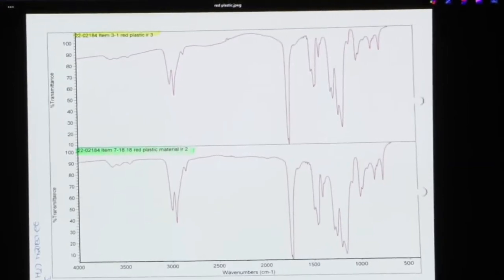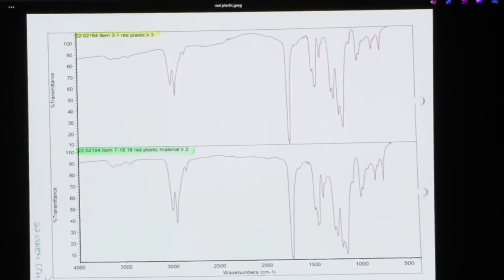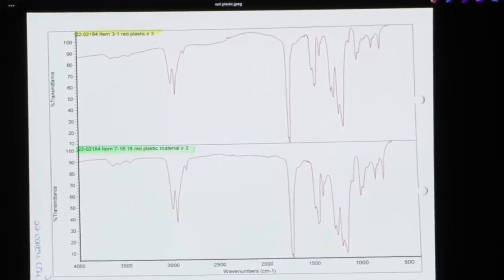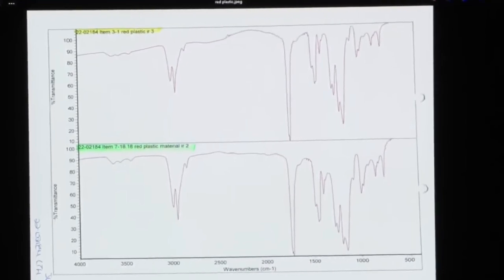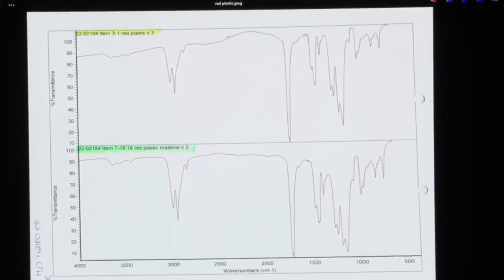And again, if you could just direct the jury's attention with that laser pointer to the areas of the data peaks and valleys that you're looking at in comparison of this data. So when I'm comparing them, I'm comparing the peaks to each other in each of the spectra to determine if they are consistent or not consistent. And in this case, you found them to be consistent, is that correct? That's correct.